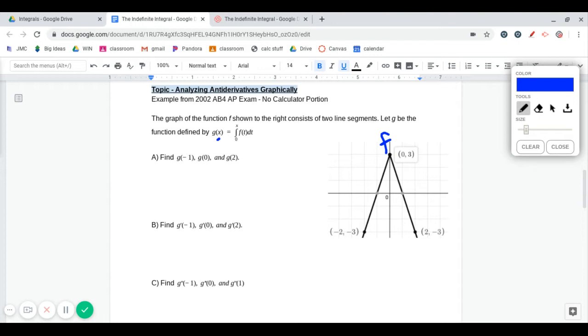Now our first task is to find g of -1, g of 0, and g of 2. Let's start with g of -1. We're just going to use this formula right here and this graph of f. So g of -1 equals the integral from 0 to -1. Uh-oh, going backwards. We'll have to rearrange that.